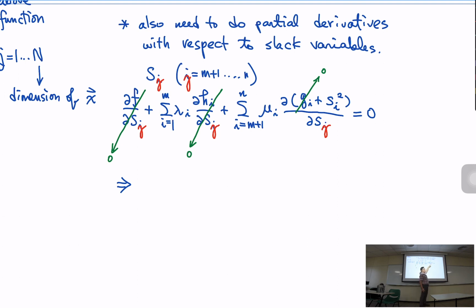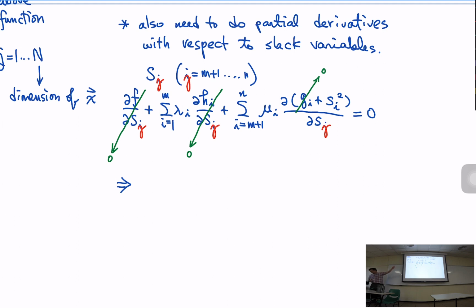For example, we are focusing on the first g function, but when we do partial derivative, this could be the second variable. So there will be a term where you have the first function with a derivative with respect to the second variable. So these two indexes are different. Okay, so I made a mistake.